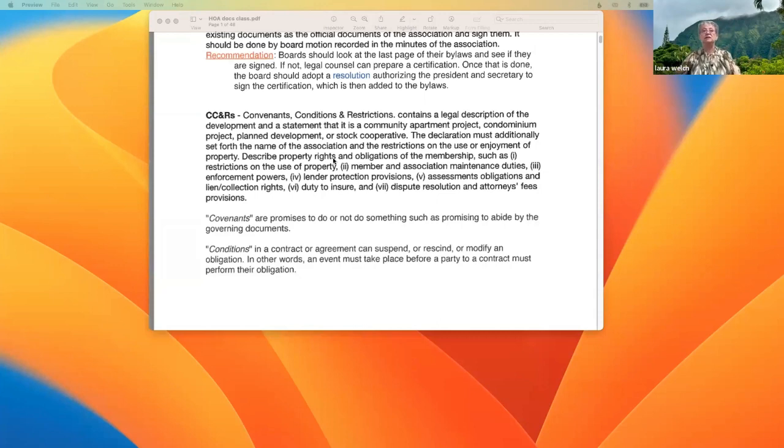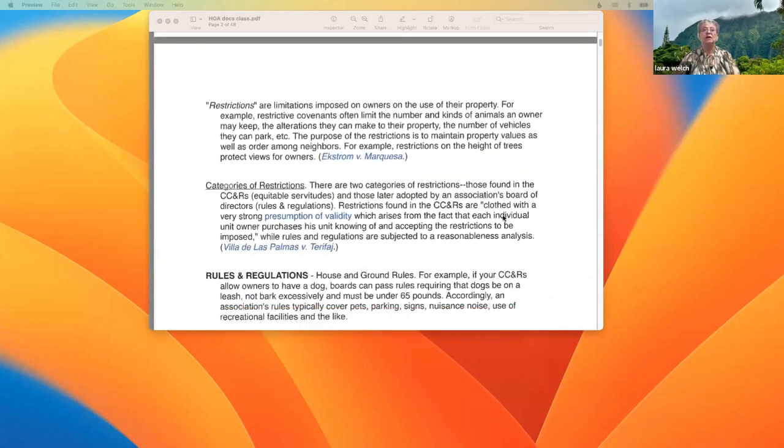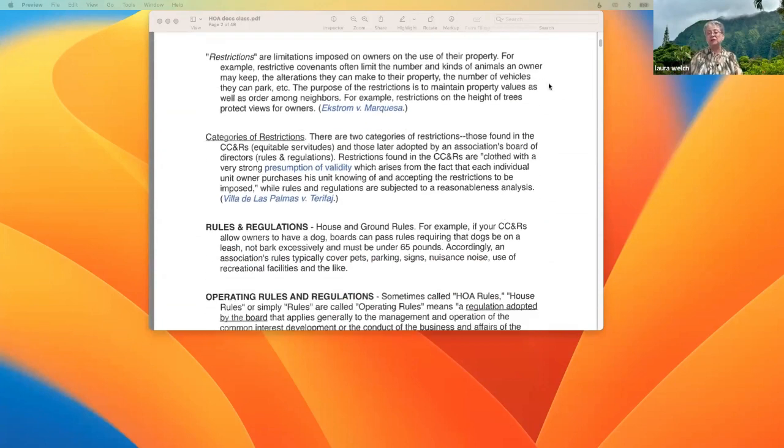So that's what the CC&Rs are for. And of course, the restrictions, the limitations of the owners. And like I said, this is the big sky view of things. And so a lot of times in the restrictions of covenants, they'll say that, okay, you're limited to two dogs or two cats or whatever, but it doesn't go into the granular.